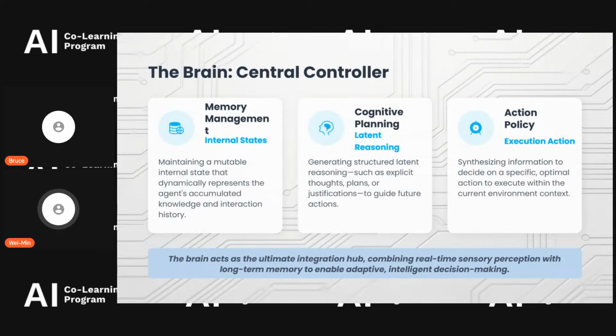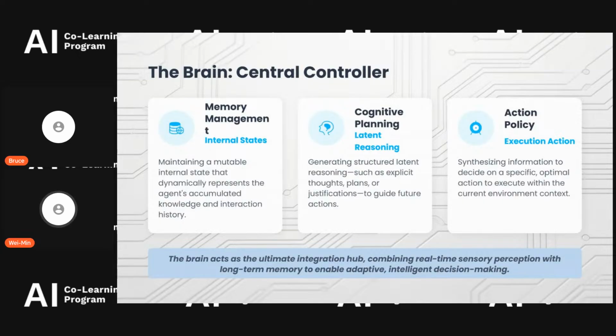The brain is the central controller for the agent, and it consists of three major functionalities. First is memory management, which maintains a mutable internal state that dynamically represents the agent's accumulated knowledge and the interaction history.